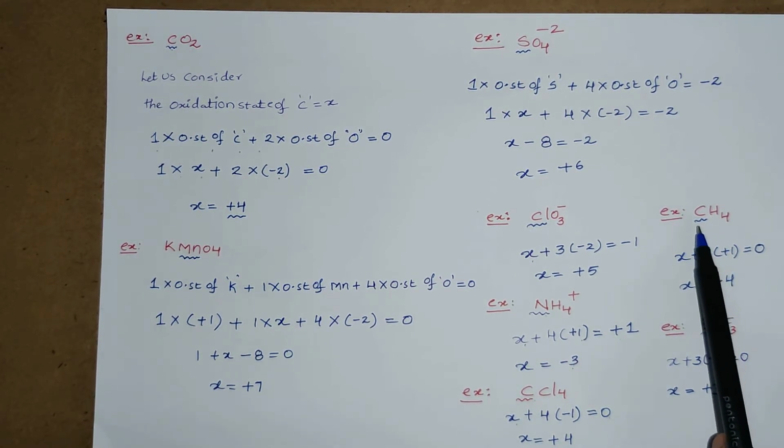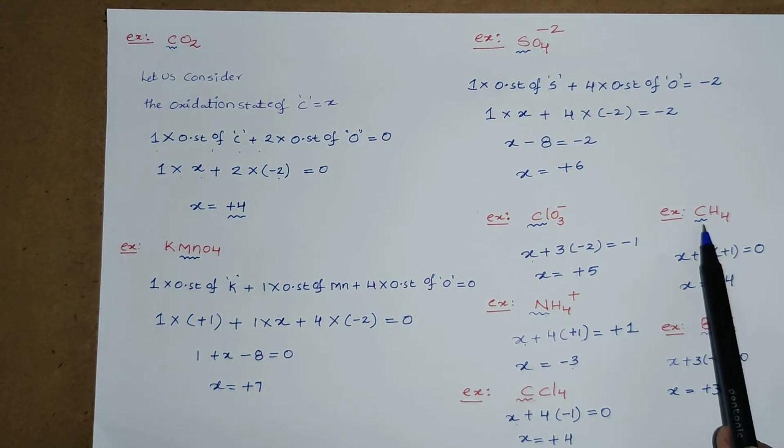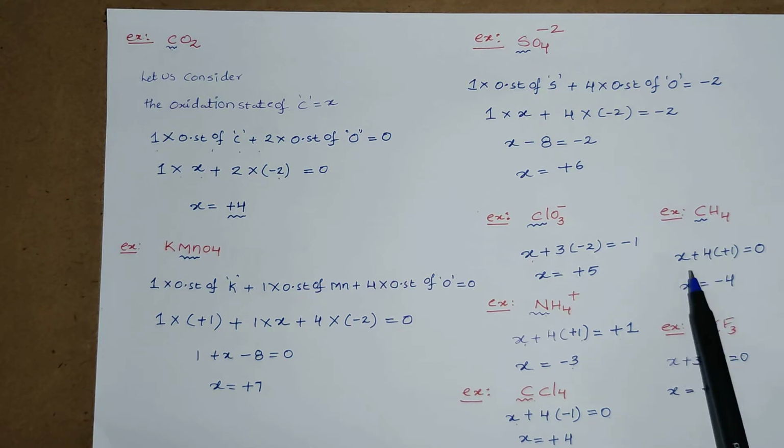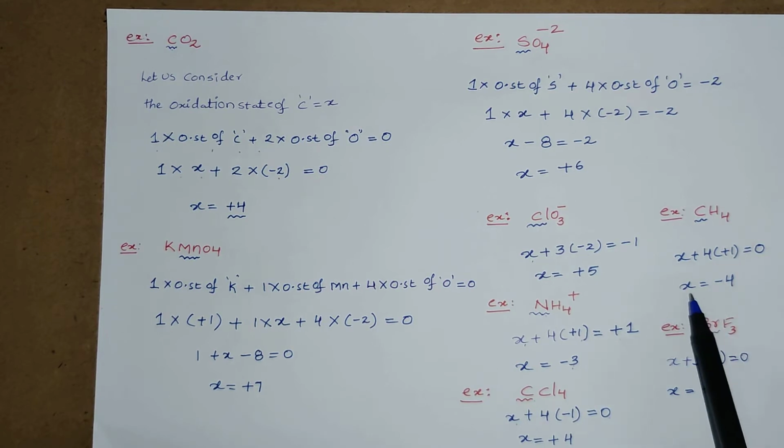Similarly, let us take another example, methane molecule. Methane molecule, what is the oxidation state of carbon? That is taken as X plus 4 into each hydrogen atom, taken as plus 1, is equal to 0. Then X is equal to minus 4. BrF3 is there. What is the oxidation state of bromine?